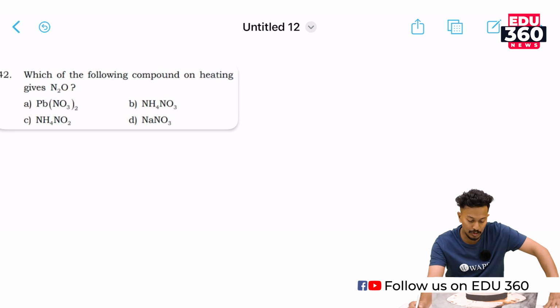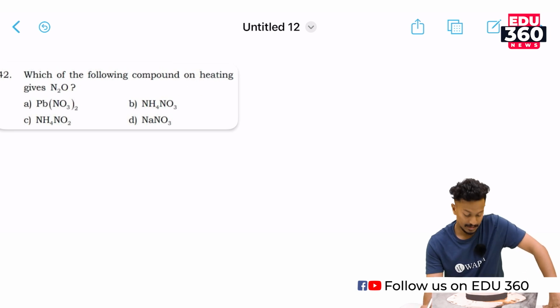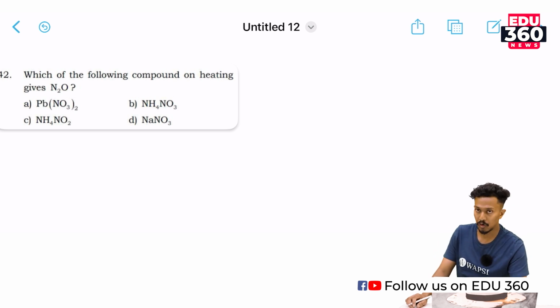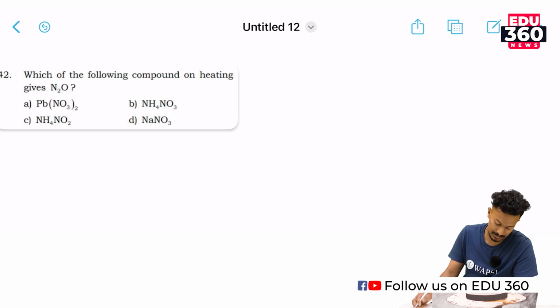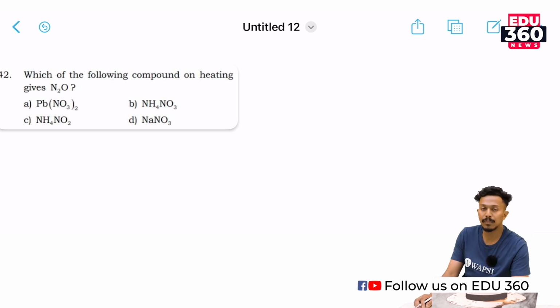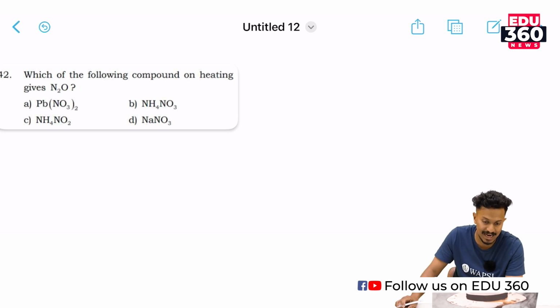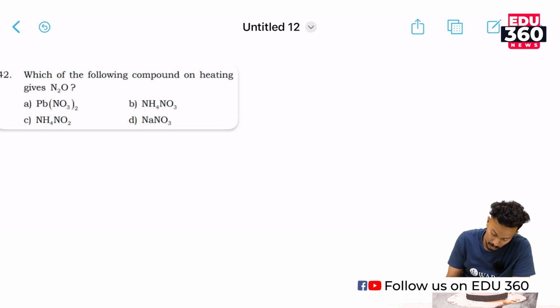Which one of the following compounds on heating gives N2O? Okay, N2O, not NO2, N2O. If it is nitrogen dioxide, you could say that it's easily lead nitrate. Only p block elements give such nitrogen dioxide. So what will be the answer here?